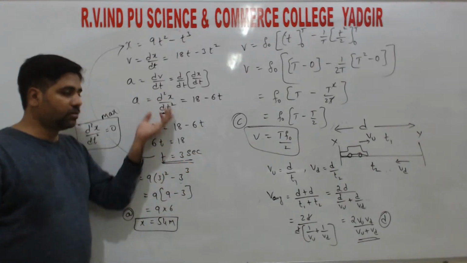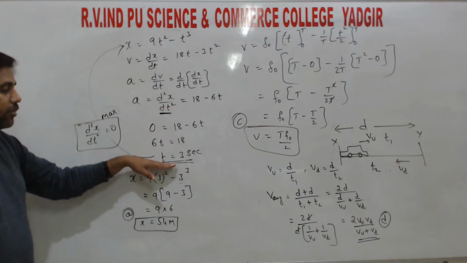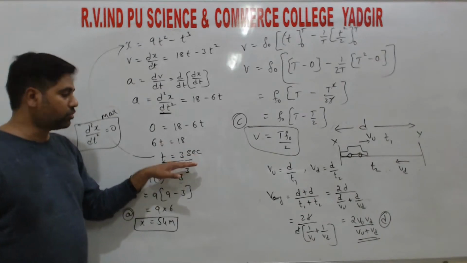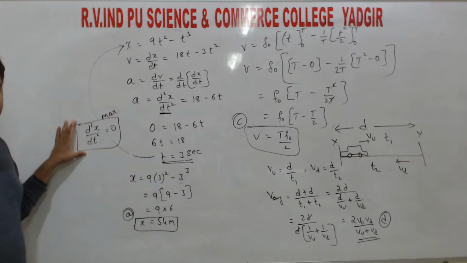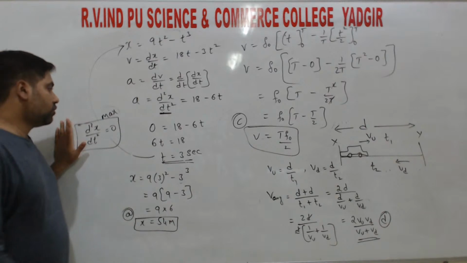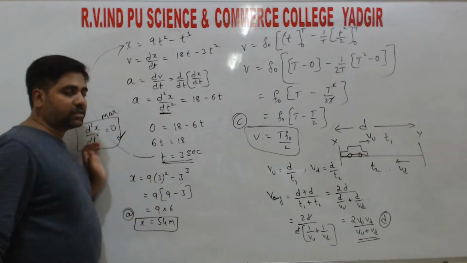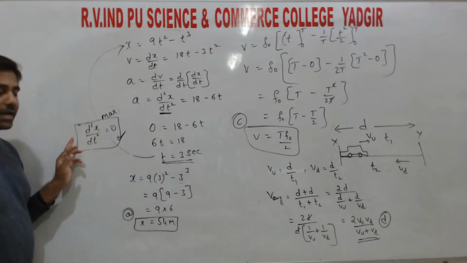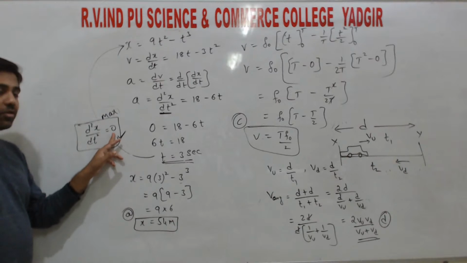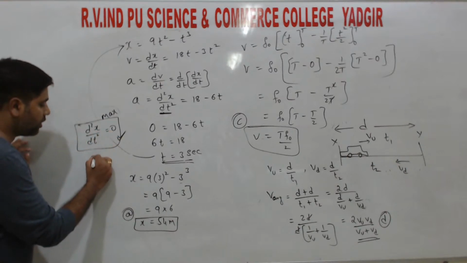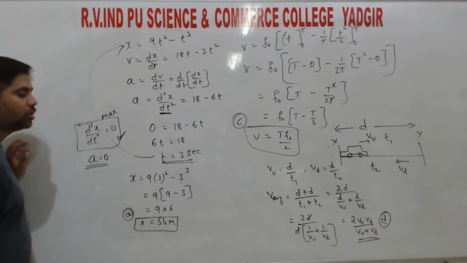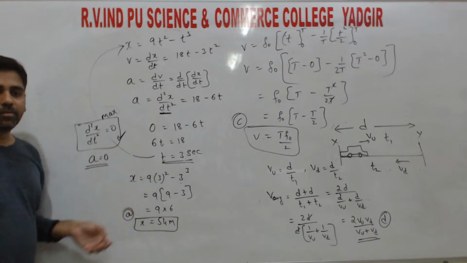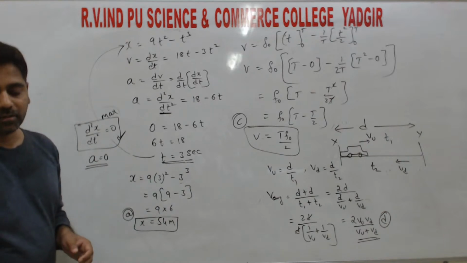But in our physics problems, time should not be negative, so that's why we are always getting the maxima values, right? So note this: to find maxima or minima, the condition is d square x by dt square equals 0, or we call that when acceleration is equal to 0. So when acceleration is 0, we get the maximum distance covered by an object, right?